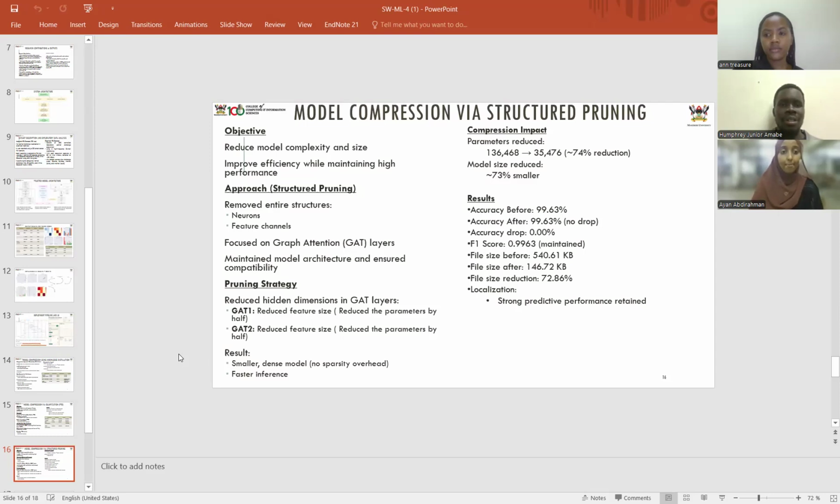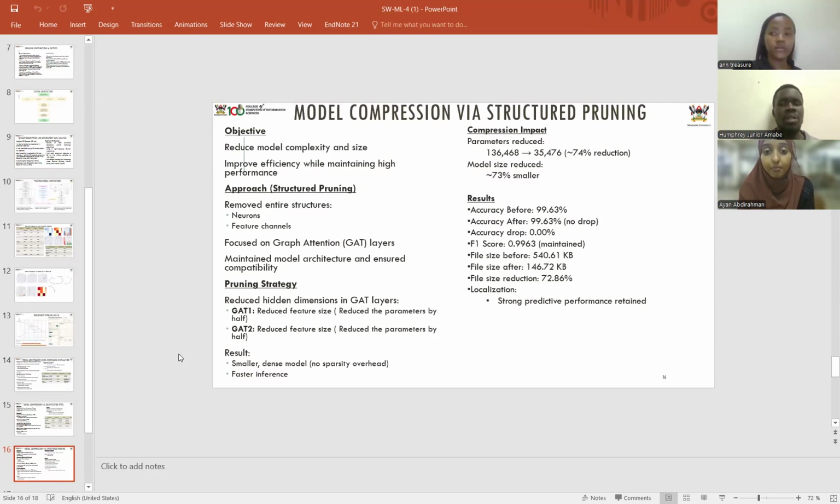The next approach that we employed in model compression was structured pruning. In this slide, we're going to talk about this model compression technique. Structured pruning was applied to make our model smaller and more efficient without sacrificing performance.